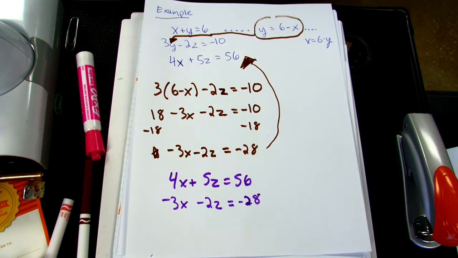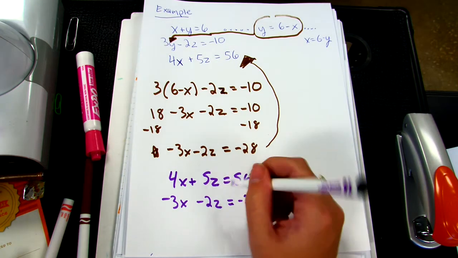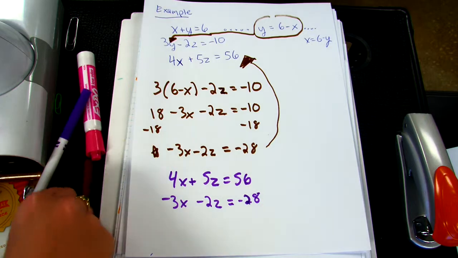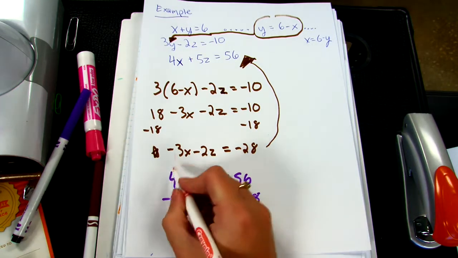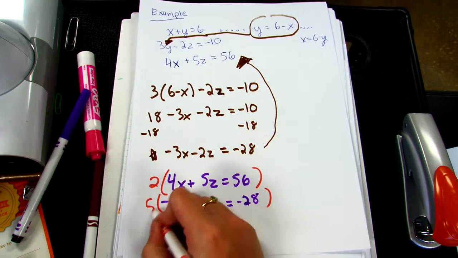Okay, however, before I do that, I want to make sure that something cancels. Let's cancel the z's, right? Let's cancel z. So in order to cancel z, I'm going to multiply this by 2 and multiply this by 5.